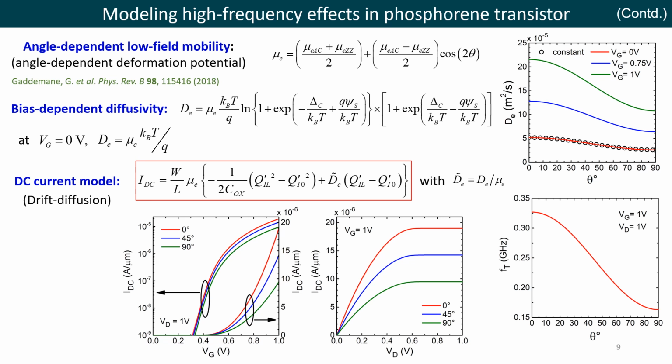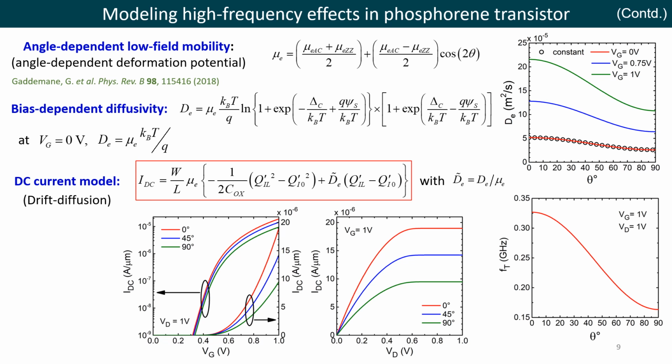The expression of bias dependent diffusivity is given here, which is clearly different from the conventional Einstein's relationship. The bias dependent character of diffusivity further complicates the model equations. However, for zero gate bias, the expression of bias dependent electron diffusivity becomes the same as that of the Einstein's equation. The diffusivity profile as shown here reflects similar anisotropy as the gate voltage increases.